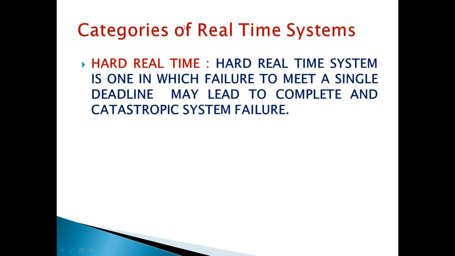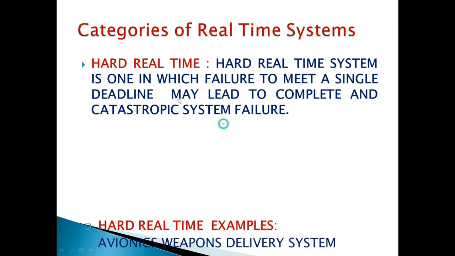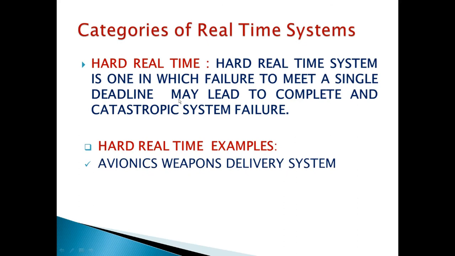Next one is hard real time. A hard real time system is one in which failure to meet a single deadline may lead to complete and catastrophic system failure. Example, avionics weapon delivery system.